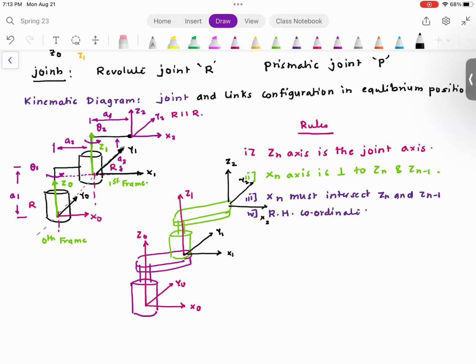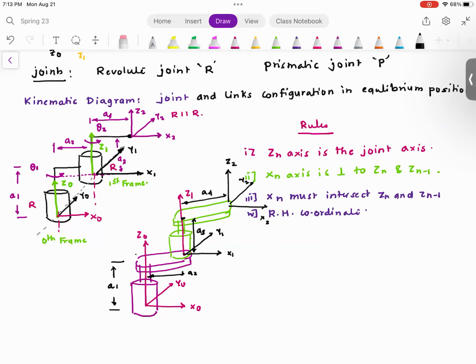The offsets are, and I will give you these dimensions. A1, this distance is A2. This distance is A3, and the last distance here is A4.